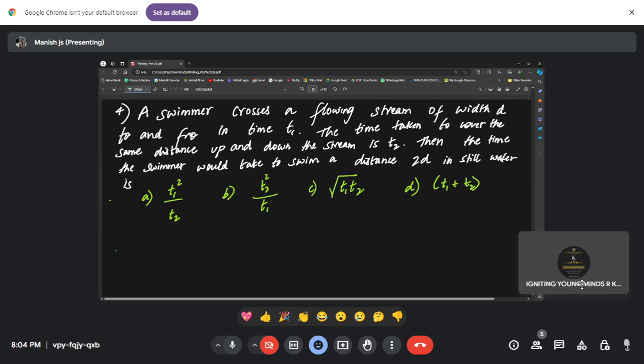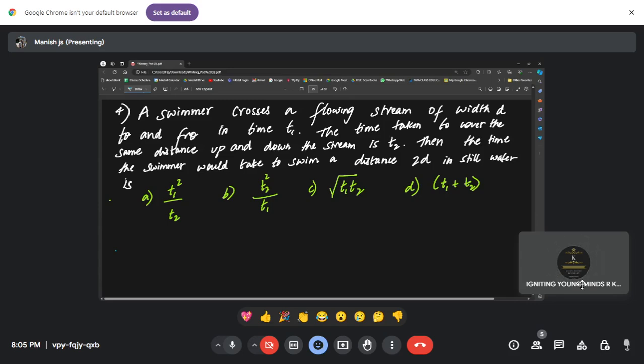Okay. So let us see how to approach this question, how to solve it basically. So here you have a swimmer who is crossing a flowing stream. What do you mean by a stream? So basically, you have water that is flowing along. It can be a river. So the width of this river is taken as d, and the swimmer is swimming to and fro within the time t1.